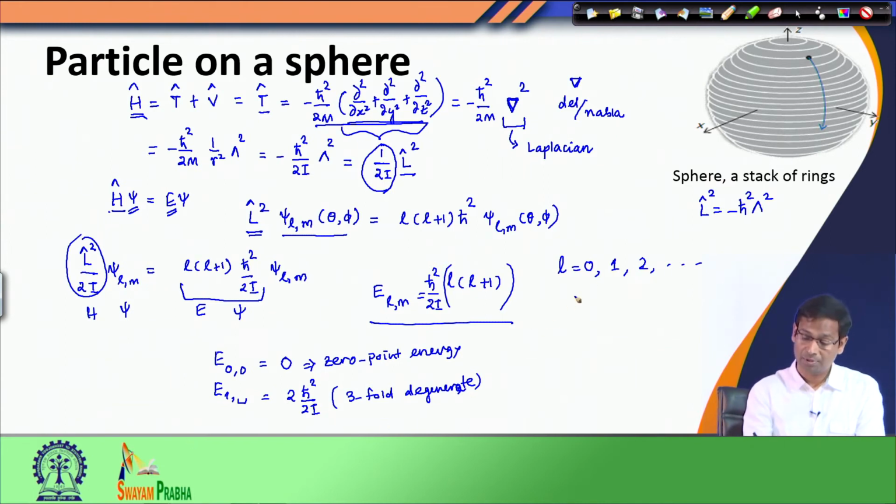Similarly, when I put L is 2, for L equals 2, I have 5 different values of m from minus 2 to plus 2 in the step of 1, and when L is 2, I have 6 h square divided by 2I, and this energy level will be 5-fold degenerate.